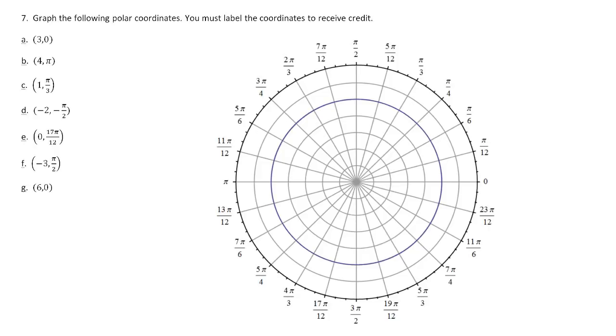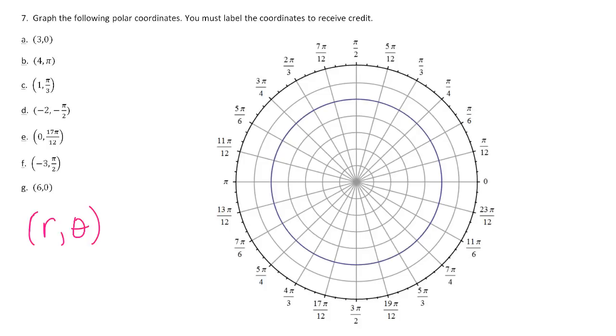Okay, our next part, we are graphing. So with our graphs, the first one we have 3, 0. Now, again, we do need to remember the whole idea of plotting our polar coordinates. Do you remember that this is not an x comma y so much as it's a radius and a direction?